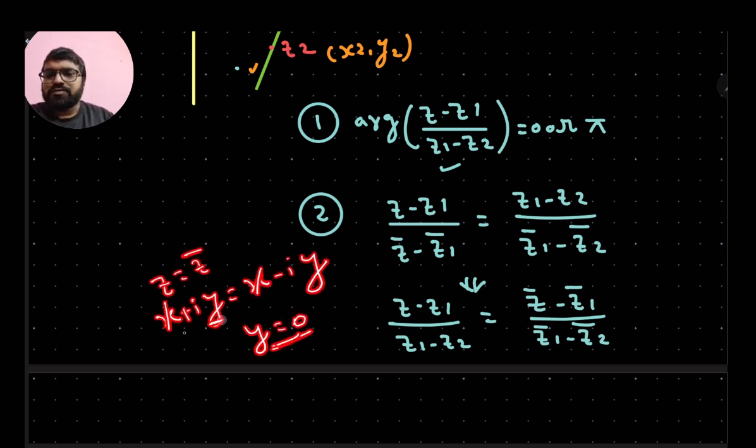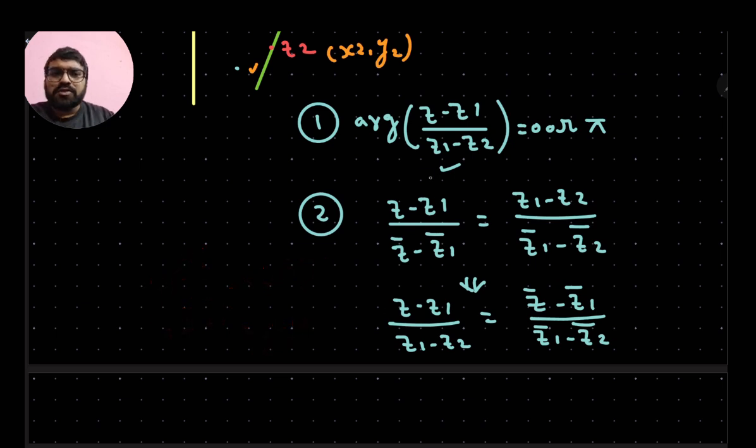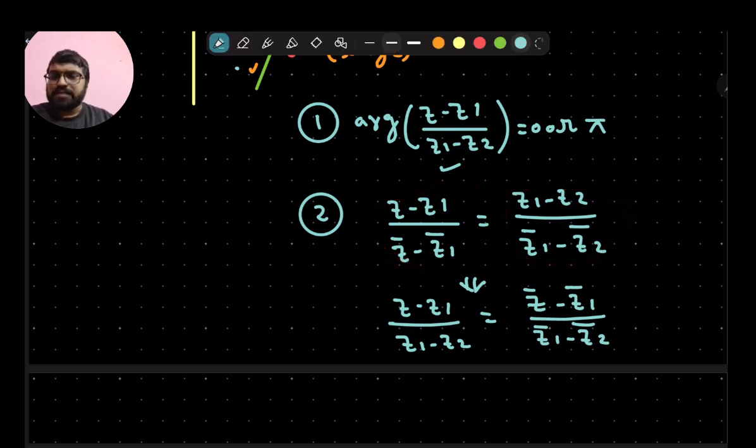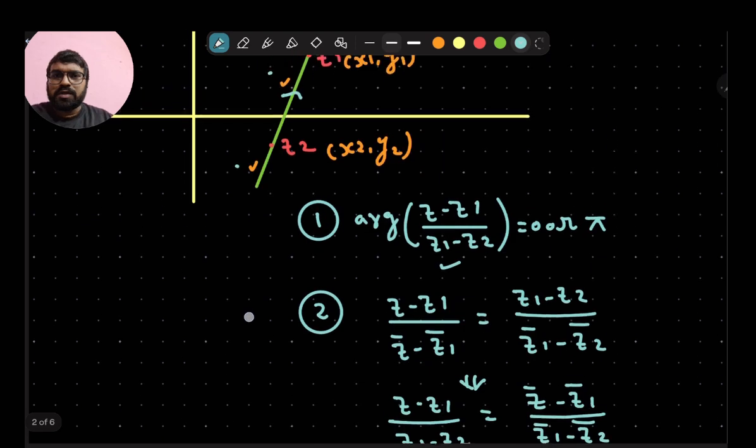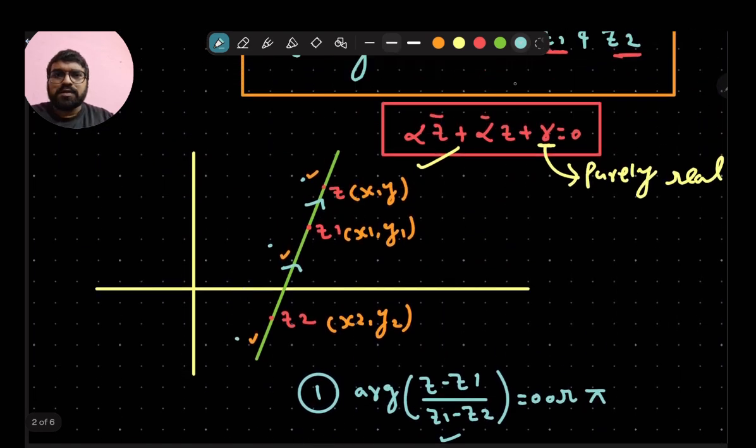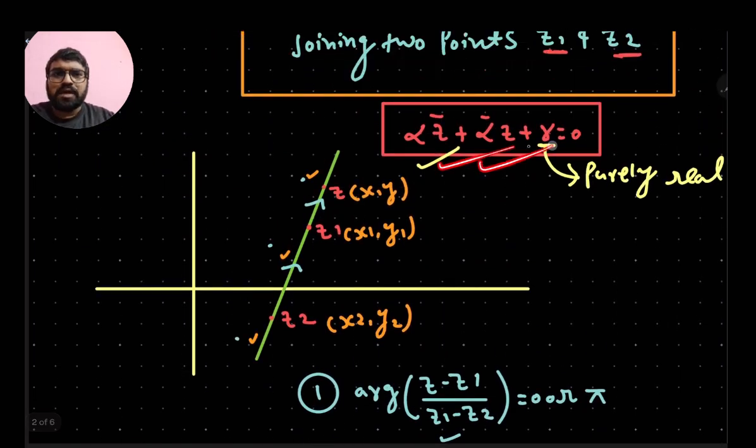So if y is equal to 0, that means it is purely real. That is the reason we have considered the argument as 0 or pi. I hope this part is pretty clear, and why we have done like this. This term we generally use to say a complex slope, and definitely this is not the topic right now. Currently we are focusing on this particular equation, how it will come.